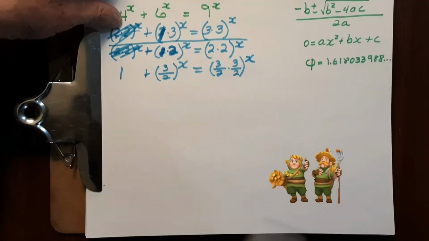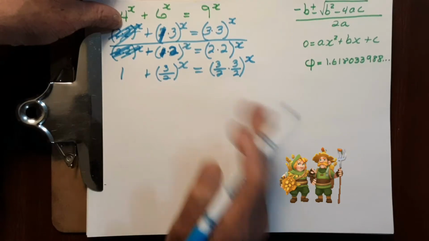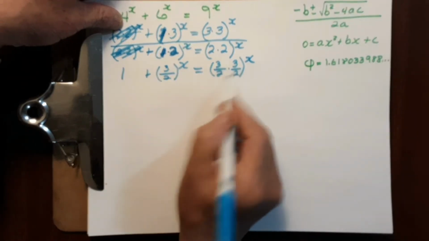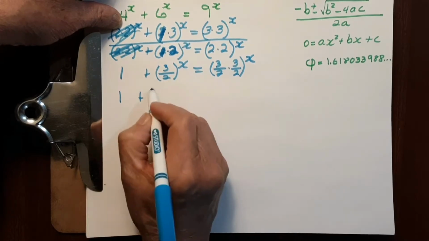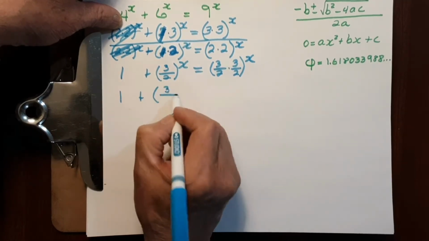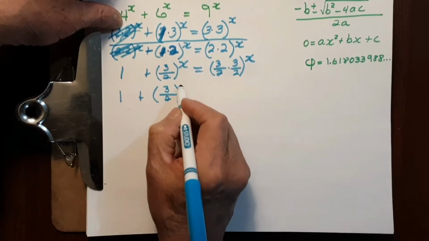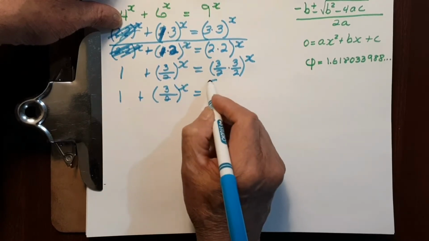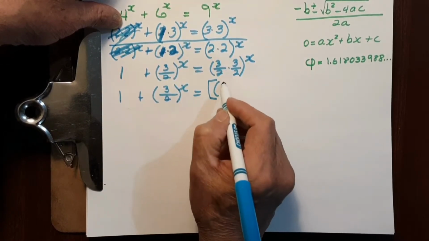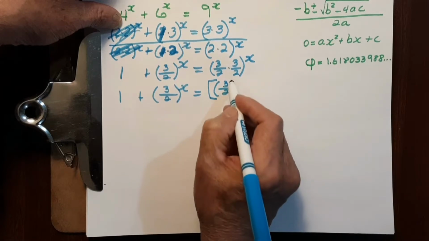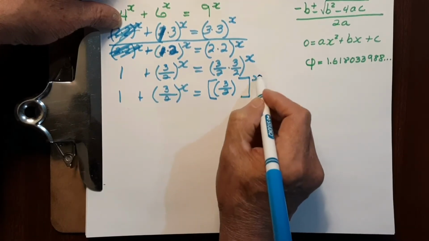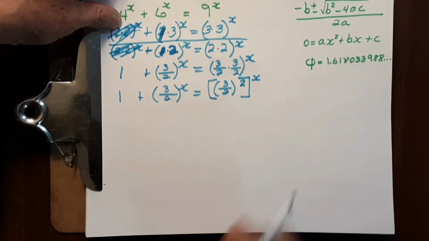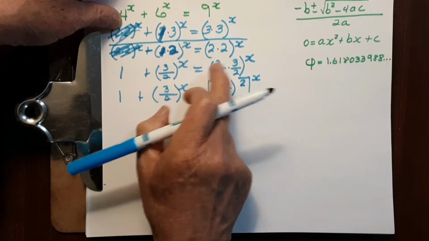So, and then we have to write it in a different way. 1 plus 3 over 2 to the x equals 3 over 2 to the x, but this must be squared because this is twice.